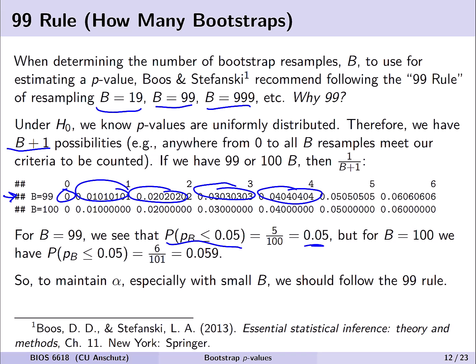In other words, we actually meet our desired alpha level of 0.05. However, if we use 100 bootstraps, we might slightly overestimate the p-value, because here we have an additional value that is less than or equal to 0.05, suggesting we have 6 out of 101, or 0.059. So essentially, long story short, if we want to maintain alpha, especially with smaller bootstrap samples, we should follow this 99 rule and try to do resampling that ends in 9, like 999, 9999, and so forth.